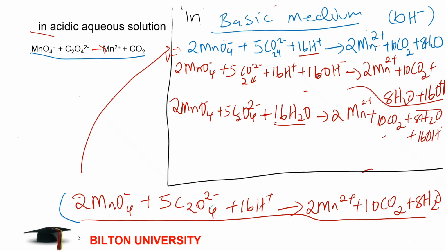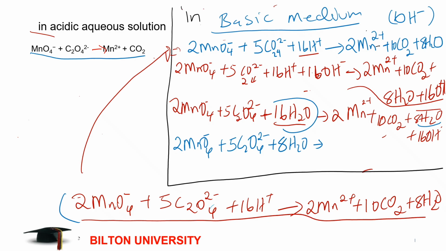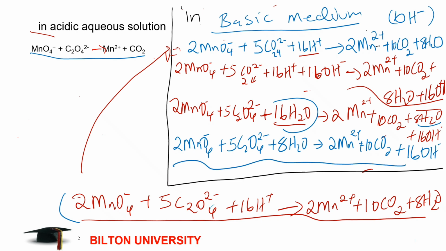In this case, we have 16 water molecules on this side and 8 water molecules on the other side. So we can subtract 8 molecules from 16 molecules of water, making us have 2MnO4- plus 5 C2O4 2- plus 8 moles of water, giving us 2 Mn2+ plus 10 CO2, and on this side we don't have water molecules anymore, but we have 16 OH-. So this is our reaction in basic media.